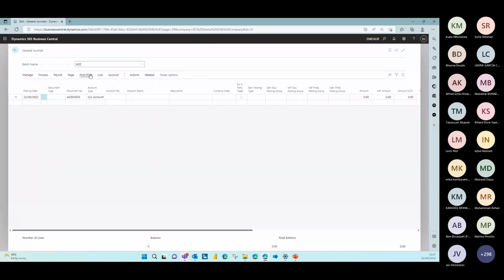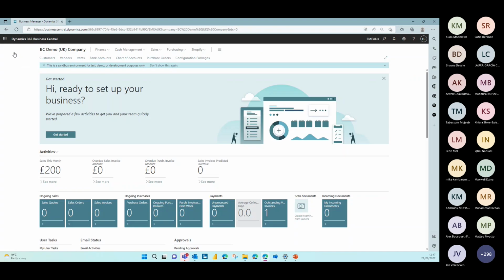When you're creating a journal with VAT, it will allow you to change that VAT amount up to 10p only. Ideally, it should be using the posting setup and posting groups to work out the correct VAT, but any slight 1p, 2p or whatever, you can then deal with here.